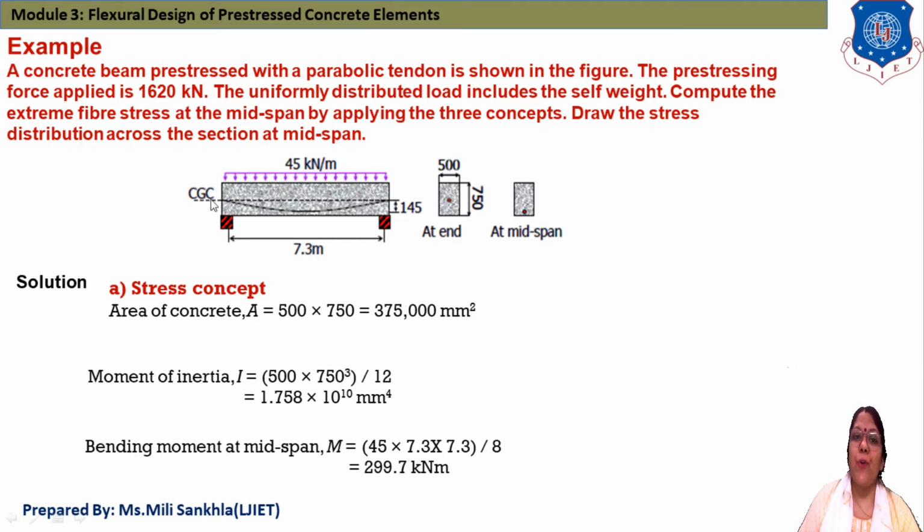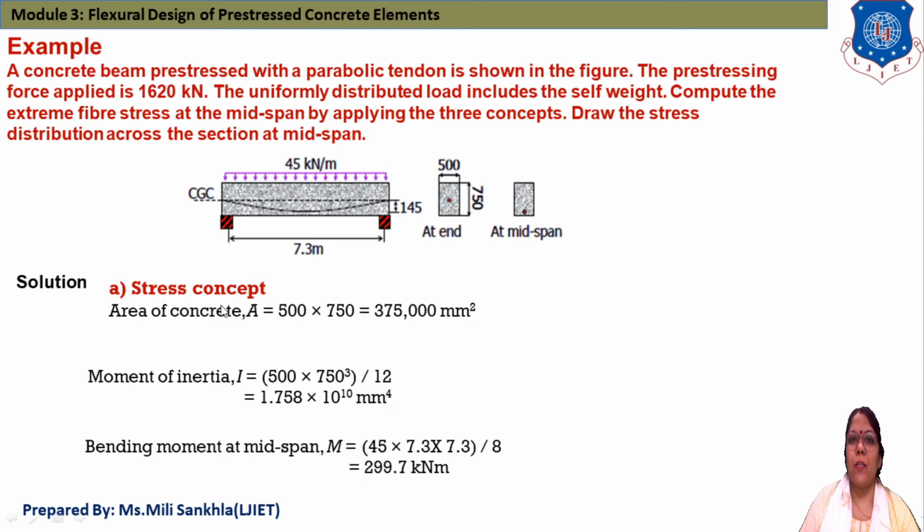CGC is the centroid of concrete and the parabolic curve is our tendon. The eccentricity e below the CGC level is 145 mm. The section is 500 by 750. This is the mid-span figure and this is the end condition of the cable. Now one by one we find the stresses by the three approaches.